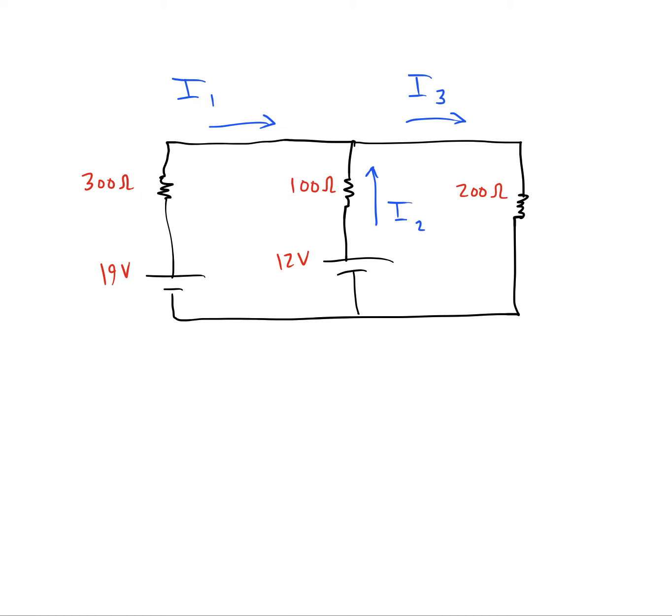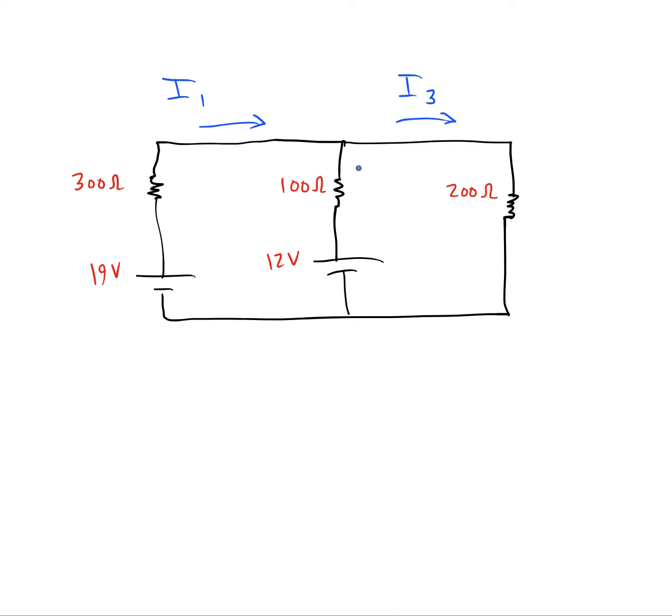But what if I had made a wrong choice? What if I had mistakenly thought that current would flow down in the middle resistor? What would happen to alert me that this choice was wrong?